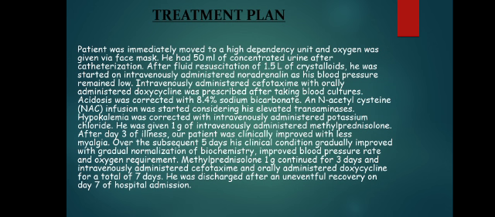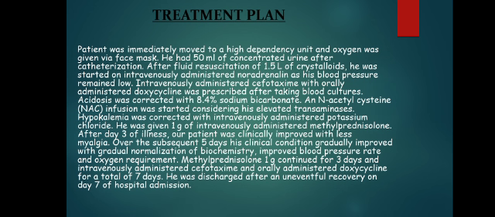Now, the treatment plan. The patient was immediately moved to a high dependency unit and oxygen was given via face mask. He had 50 ml of concentrated urine after catheterization. After fluid resuscitation of 1.5 liters of crystalloids, he was started on intravenous noradrenaline as his blood pressure remained low.